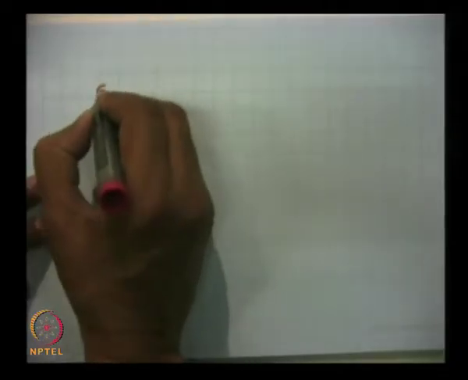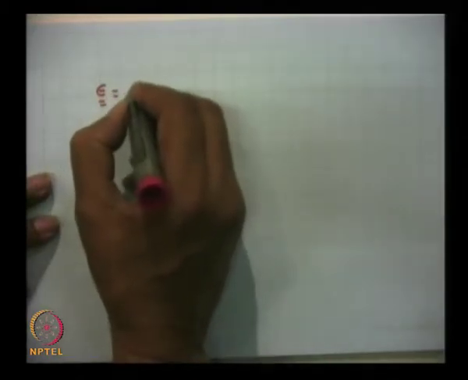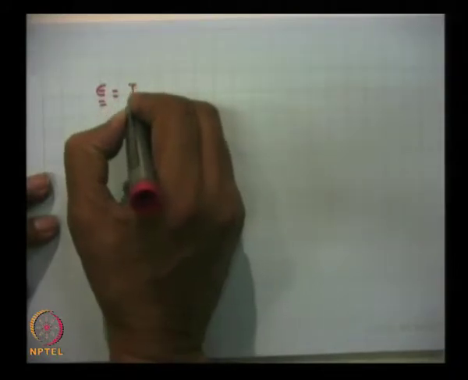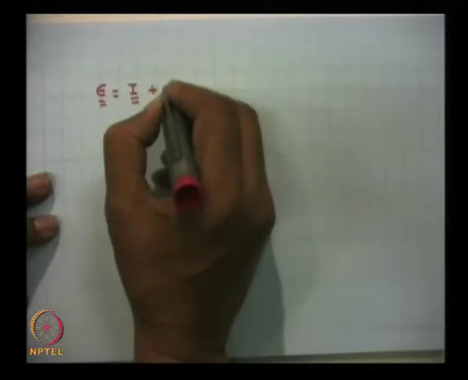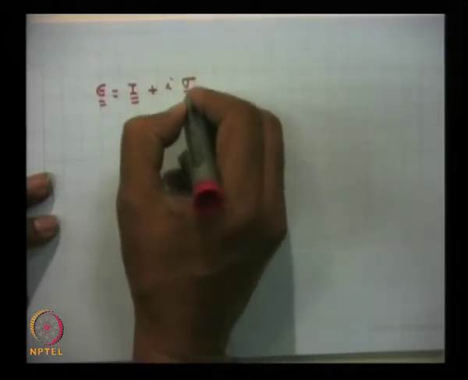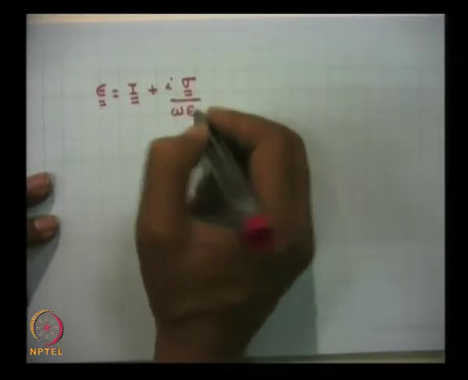So, I am defining the effective plasma permittivity as equal to I, the unit tensor, plus i sigma upon omega epsilon 0.